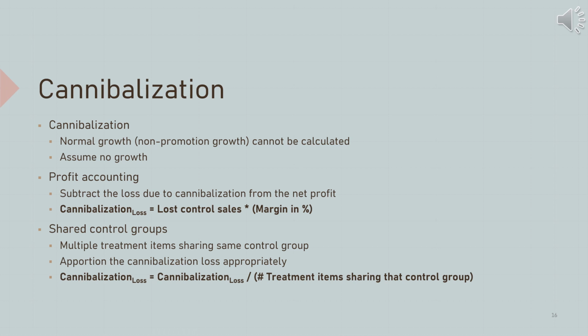So to ensure that the cannibalization loss remains the same, we need to apportion it across all these treatment items, so that when we subtract it for all of these items, we get the actual cannibalization loss. There is no duplication here, right? So that's what we ensure.